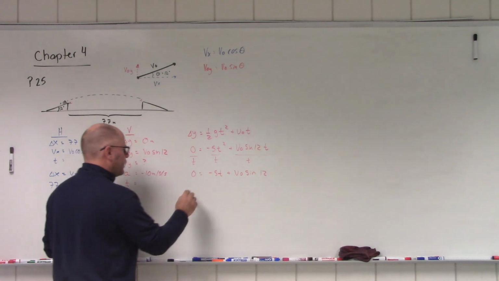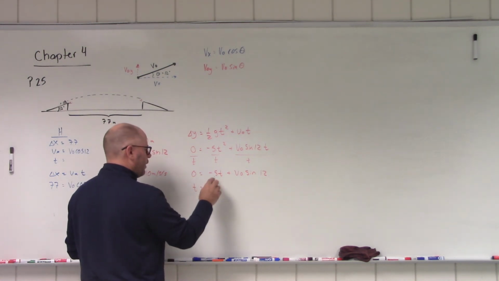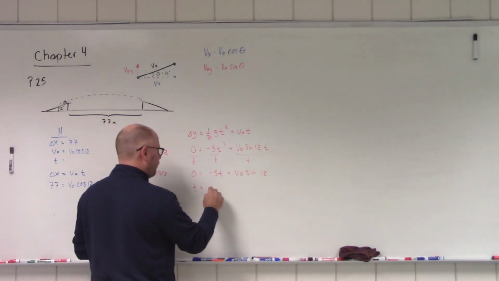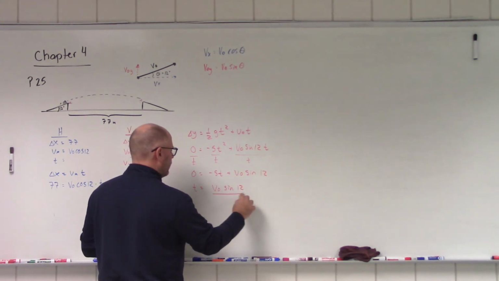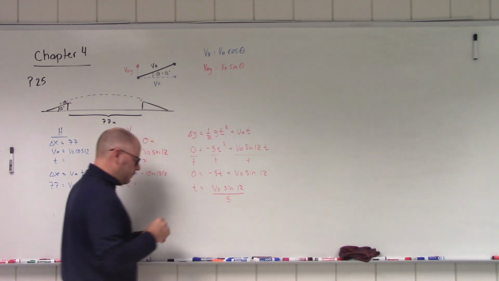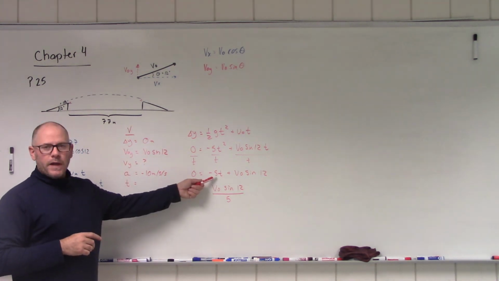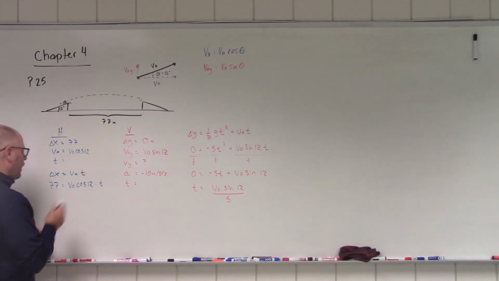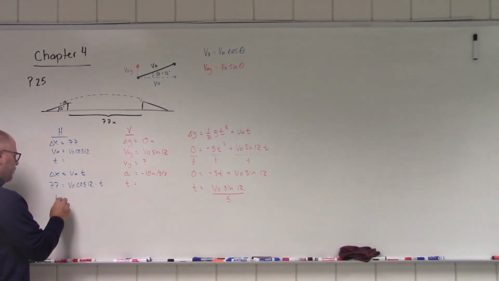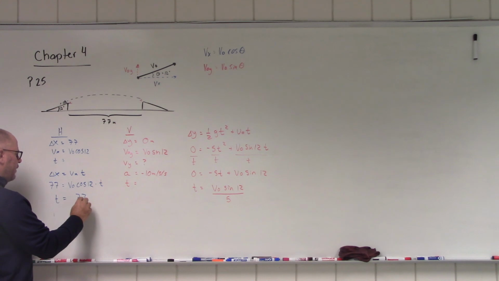I'll show you how this works. So t here is going to be equal to v0 sine 12 all over 5. I added this term to both sides and then divided both sides by 5. If I want to solve for t in this one, it's going to be 77 divided by v0 cosine 12.